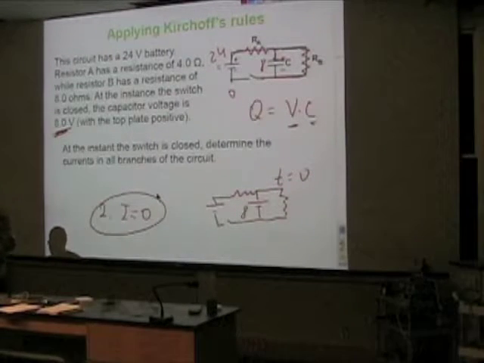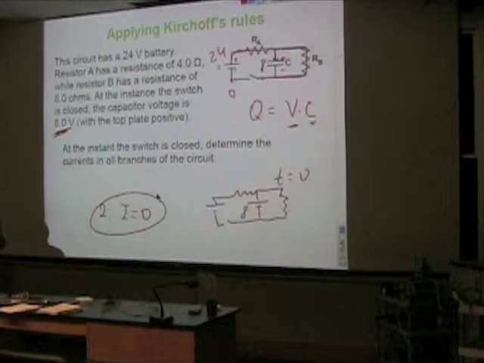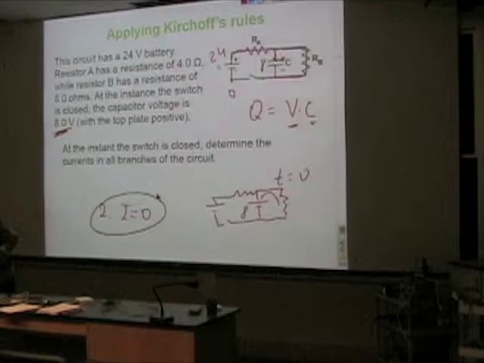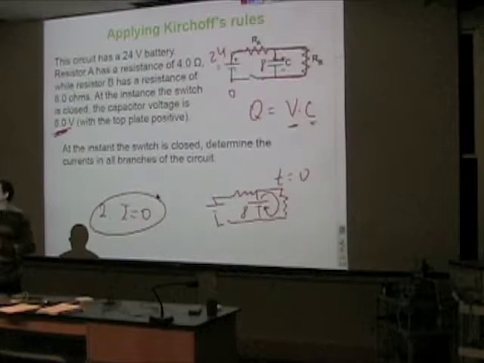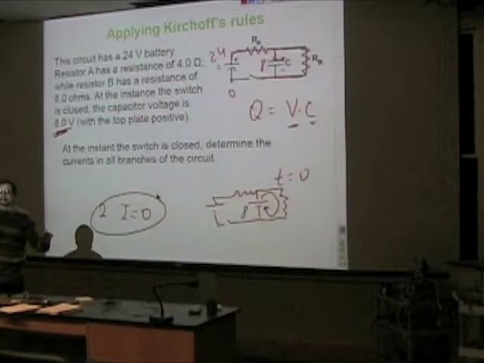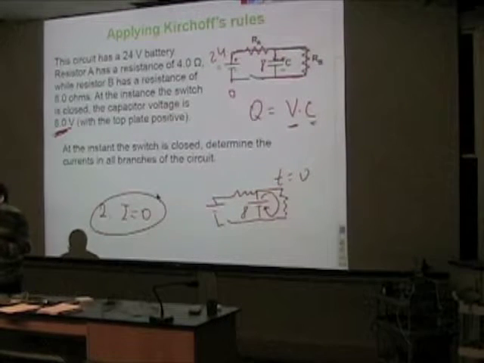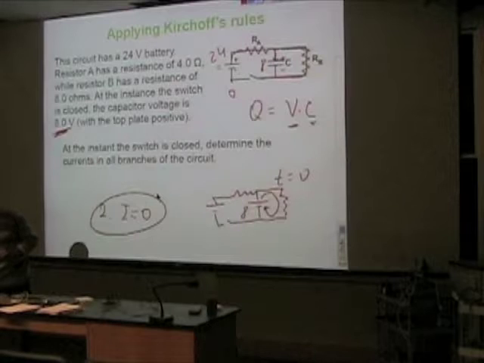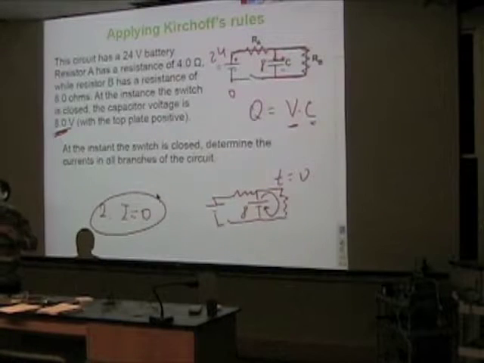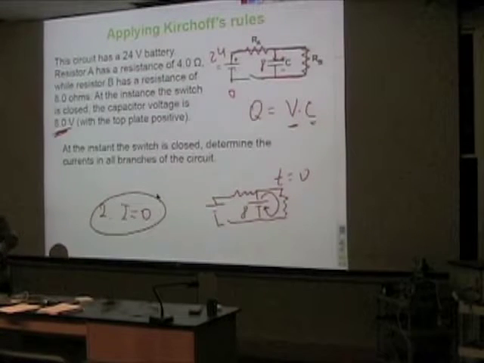And if you look at this circuit now, what would be your answer? Yes, there is some current, because here we have a closed circuit with non-zero EMF. Any questions on this part? It's important. If we read the problem and it says the capacitor has no charge, then the voltage is equal to 0.